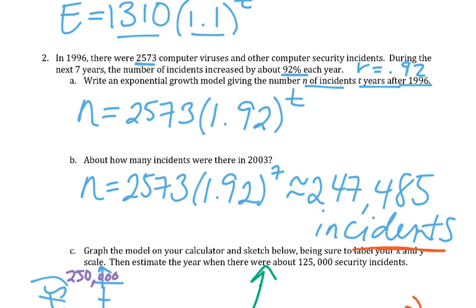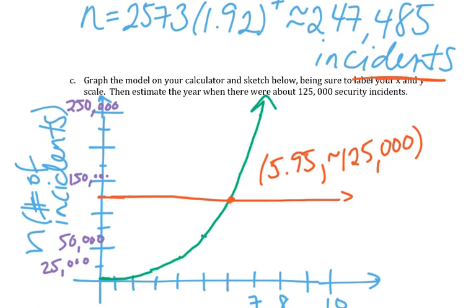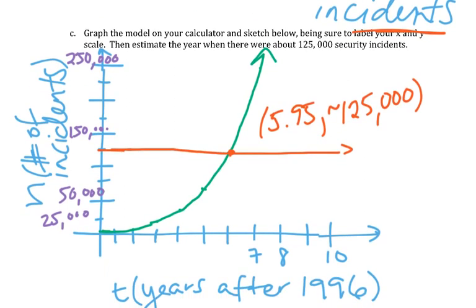All right, then in C, you're supposed to graph the model or sketch it using your calculator. So it's good to make a table of values and plot this. Probably only need to go up to about 7 years. My y-axis, I went up to 250,000 with 25,000 being the scale.